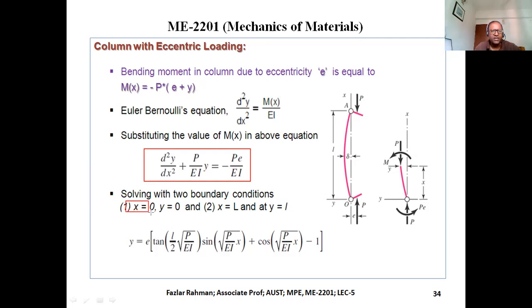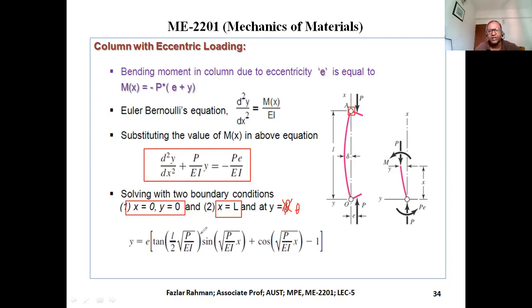Number one, if x equal to 0, then y equal to 0. If x equal to L, that means you are right over here, still the value of y will be 0. So this is not right. We need to put y equal to 0 right over here. Then you figure out the value of y from this equation, from the mathematics.